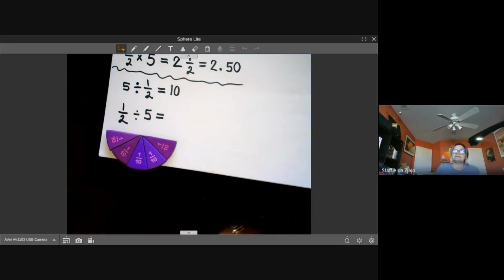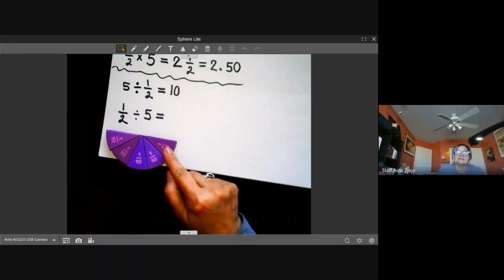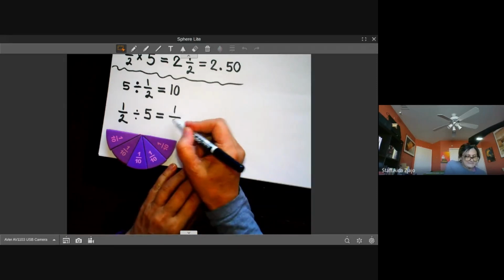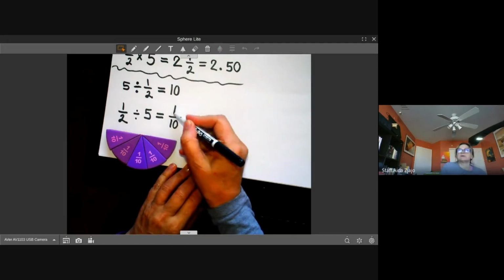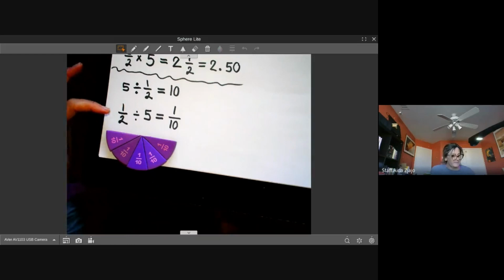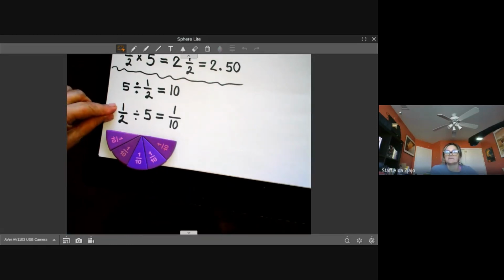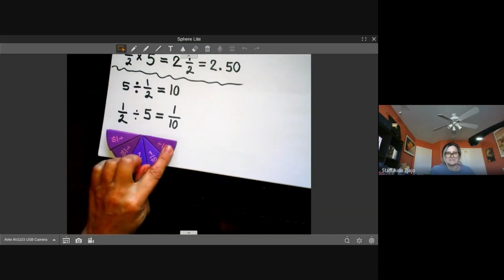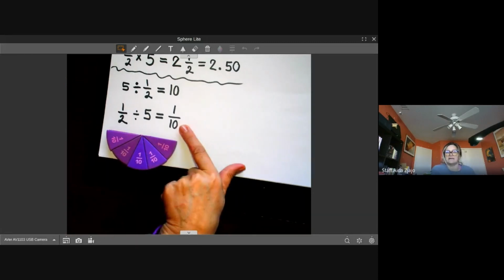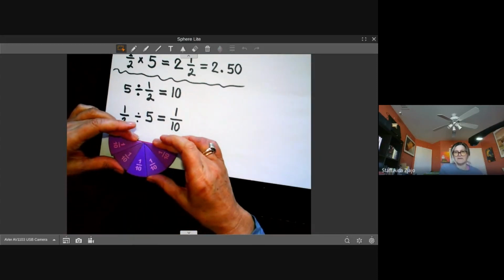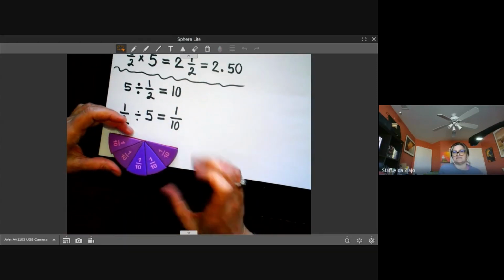As you can see, one piece that one of her friends is going to get is 1/10, because that's what the story is about. Lanesha had half of a chocolate, she decided to divide it into 5 equal pieces, and one piece is 1/10. When you cut half into 5, you get the size of 1/10.